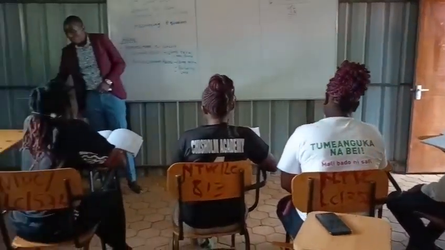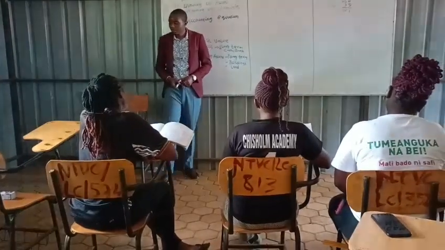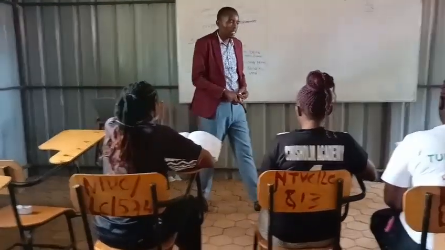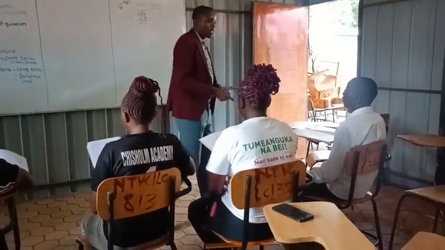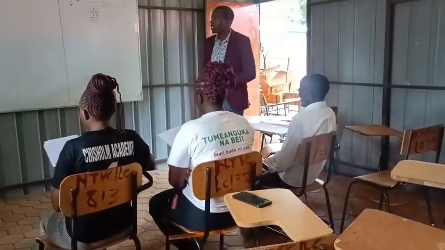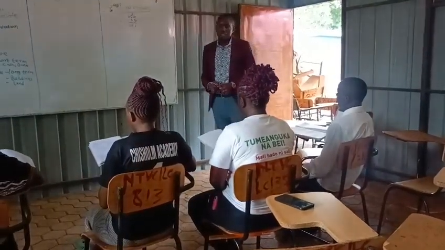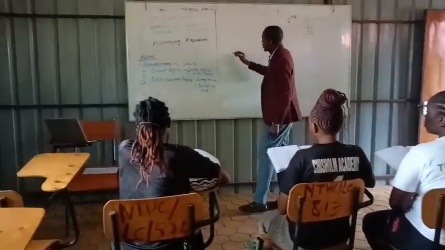Now we go to liabilities. Someone who can tell us what liabilities mean. Yes, anyone can guess. Amount of money a business owes to someone, business or organization. Yes, exactly. That is very much correct.